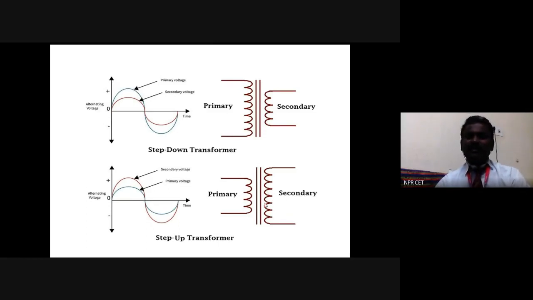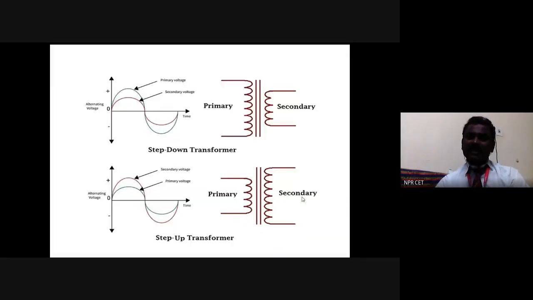For reducing the power loss, the voltages are stepped up in the substation area using step up transformers. The voltage level increases, and high voltages are applied to the transmission lines. So the step up transformer is used in high voltage transmission lines.